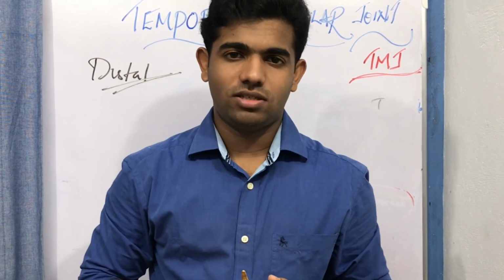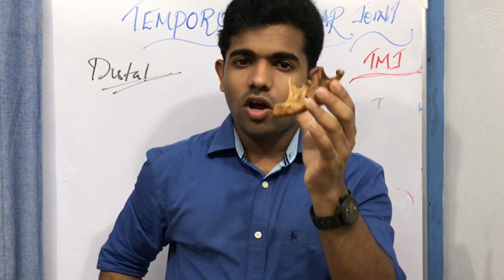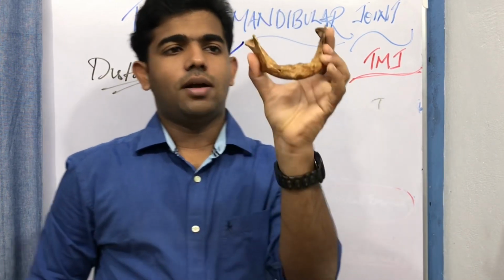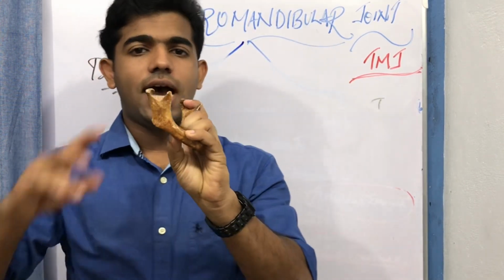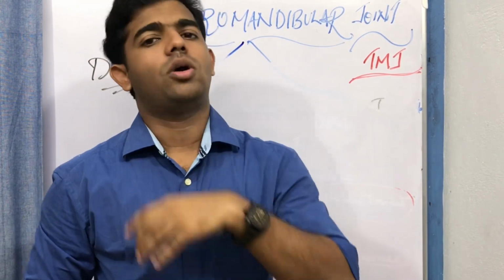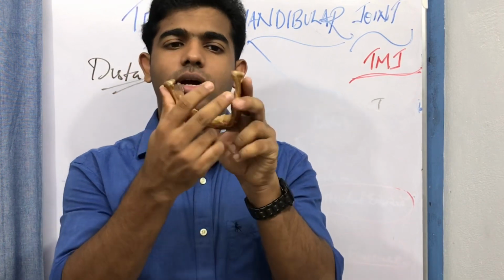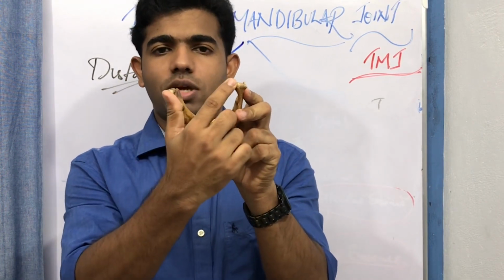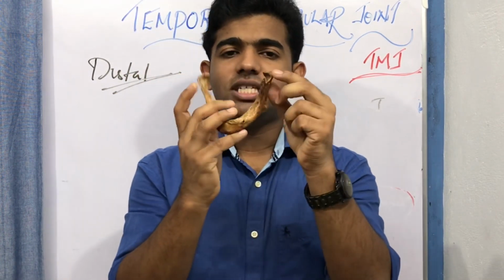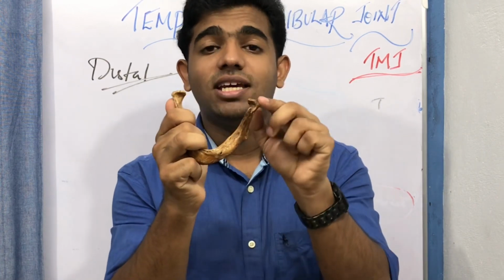These are the peculiarities of the mandibular condyle. The condyle of the mandible articulates with the mandibular fossa or the articular eminence, whatever it is. The condyles are two in number, one on each side.